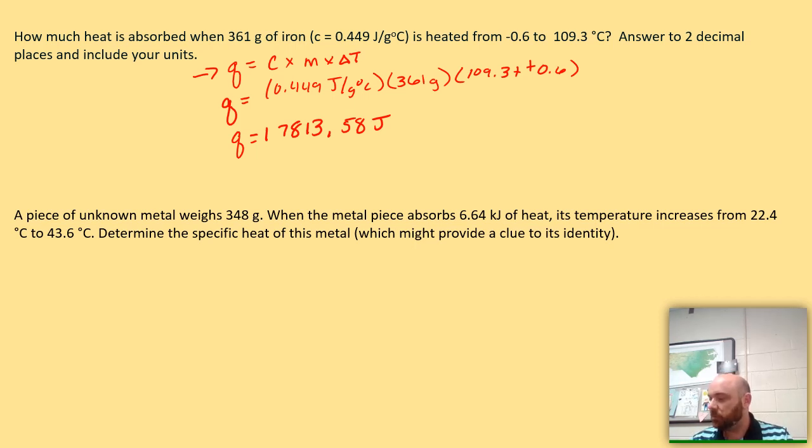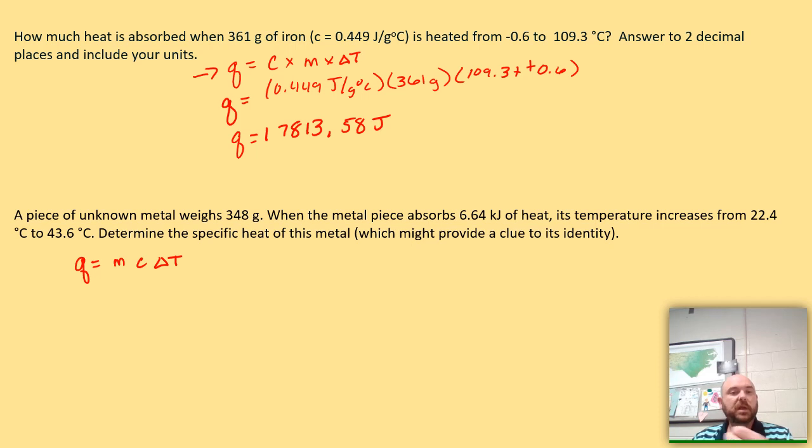We have a formula for it. We have Q equals M times C times delta T. I guess I wrote that a little bit backwards. C M delta T. Multiplication doesn't matter, the order. And they give us some of those clues. They don't give us C here, but they do give us the heat required, the mass, and the temperature change.